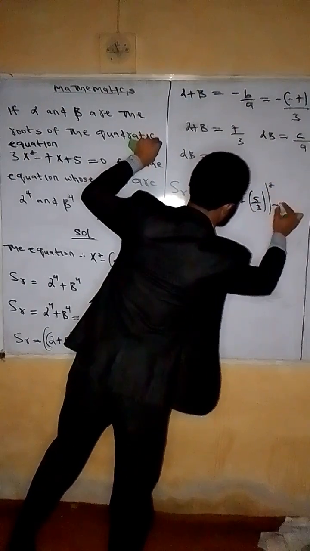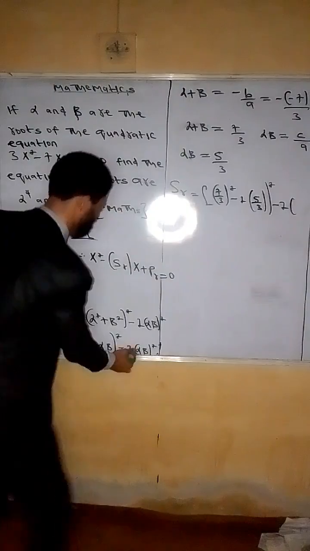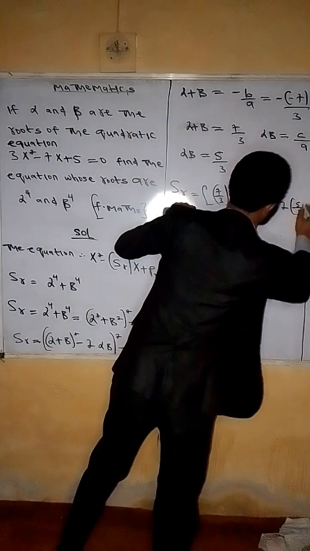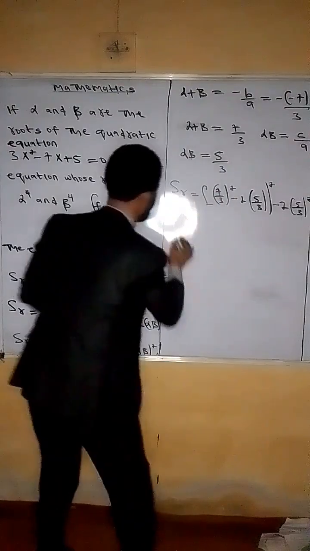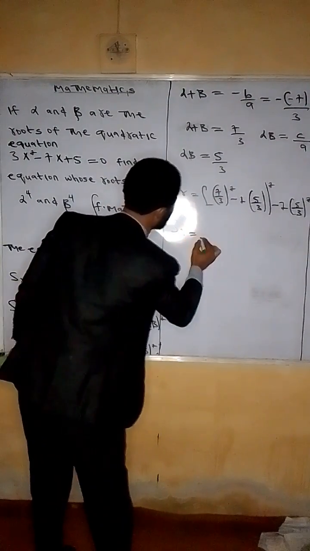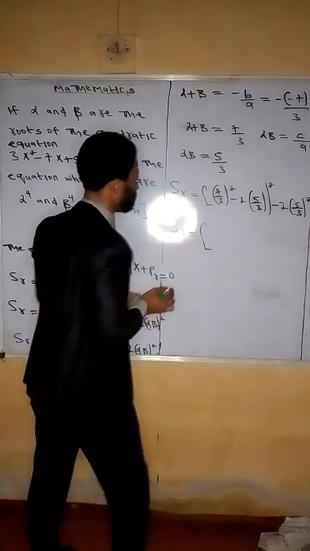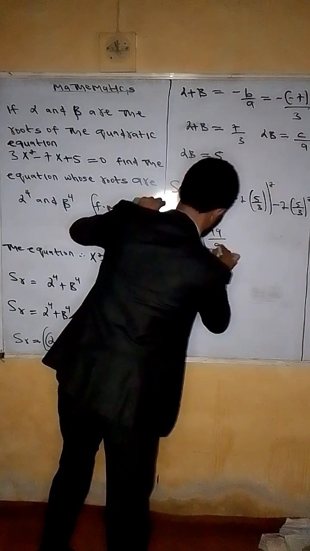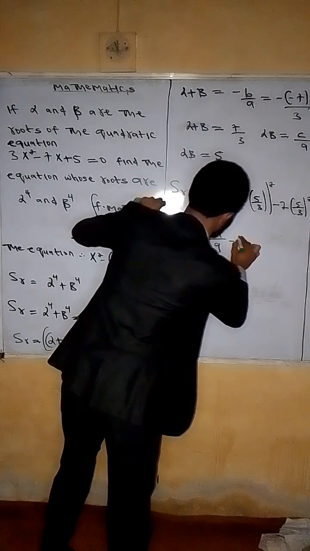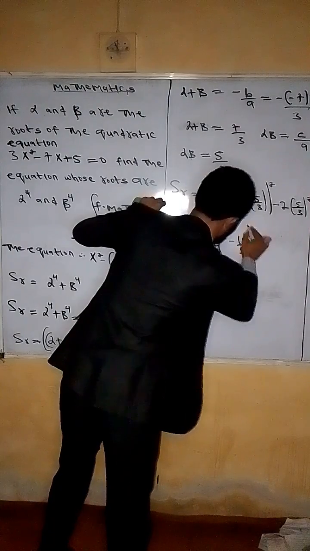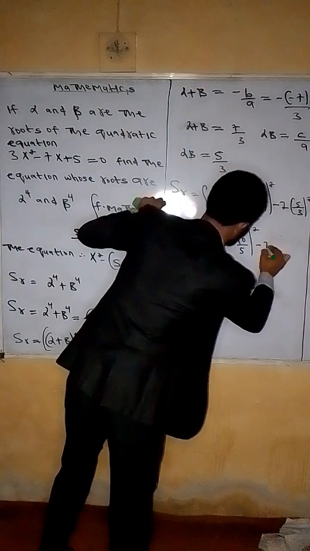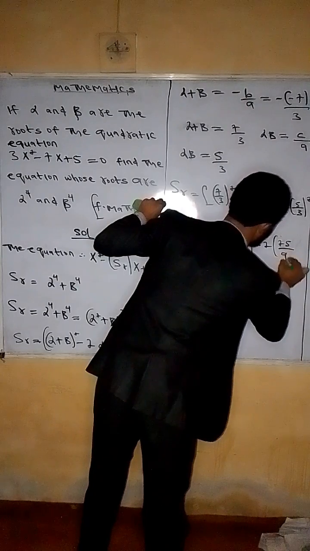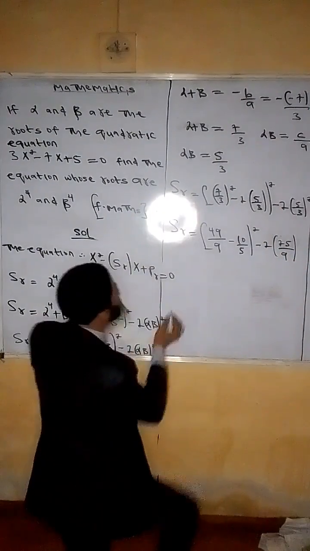Then we square it: minus 2 into 5 over 3, all squared. So if I quickly simplify, 7 squared is 49, 3 squared is 9, minus 2 times 5 is 10 over 3, all squared, minus 2 into 5 squared is 25, 3 squared is 9.